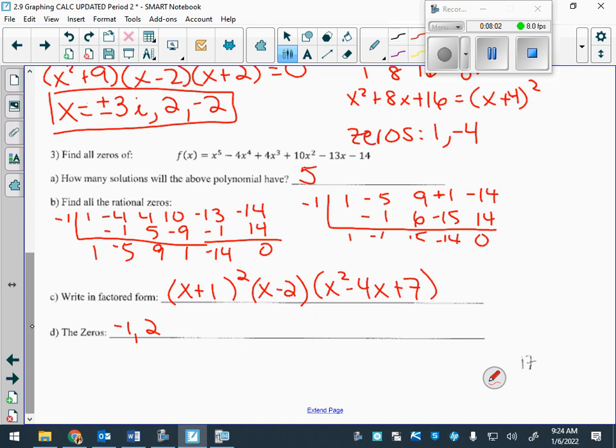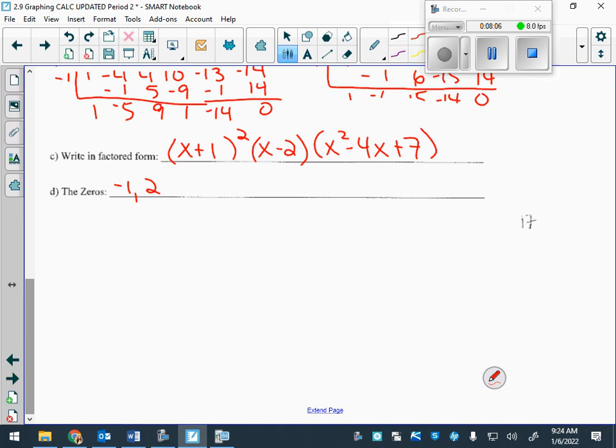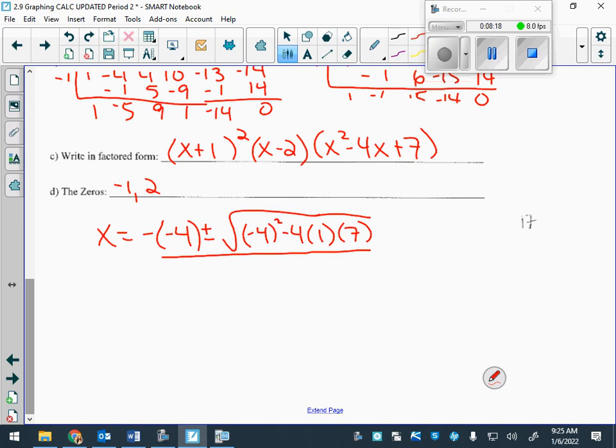Eliza? Yep, quadratic formula. If it cannot be factored and they're asking for zeros, you have to use the quadratic formula if it's finding all zeros.